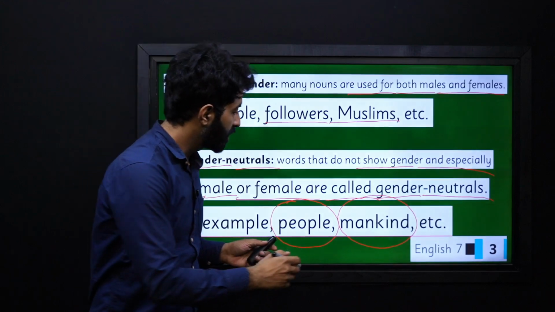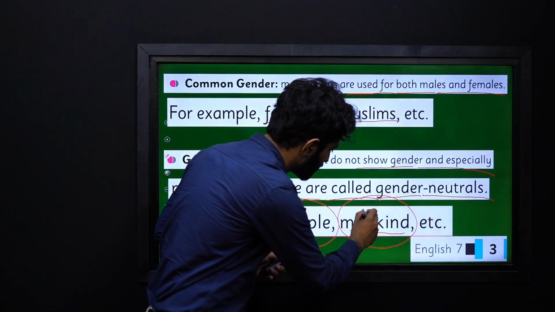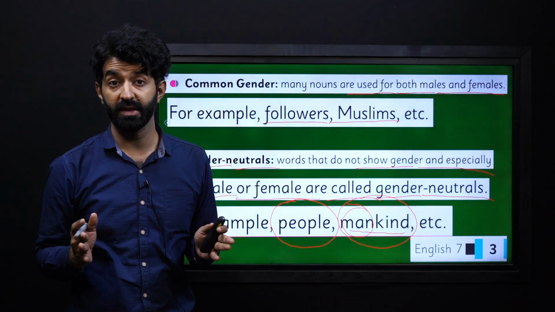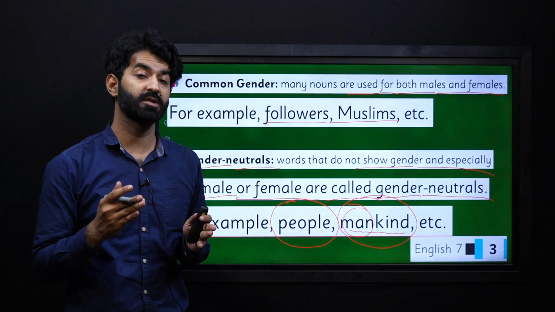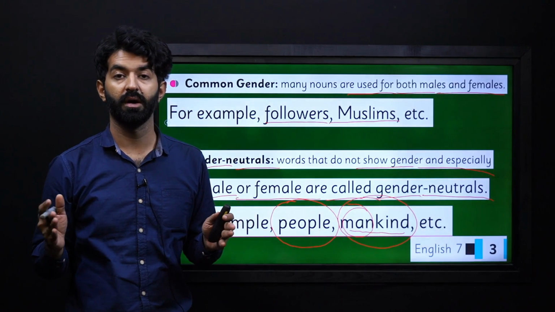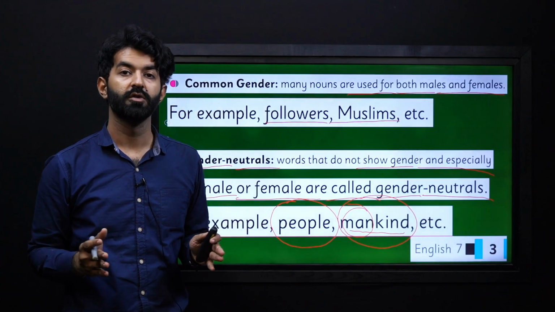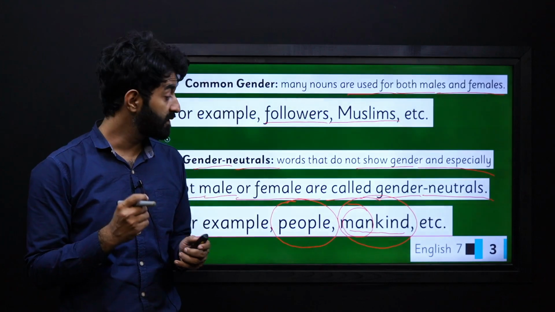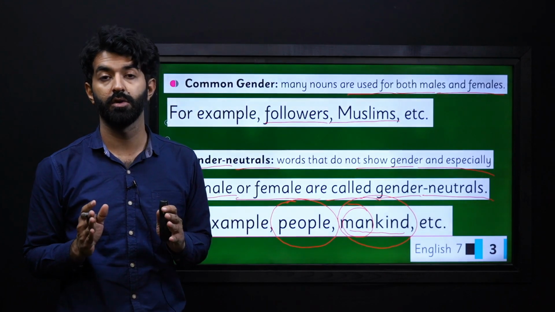If you think that in mankind the word man is used, the context is that it's talking about mankind, the human beings. So do not get confused by such words. These are basically gender neutrals.